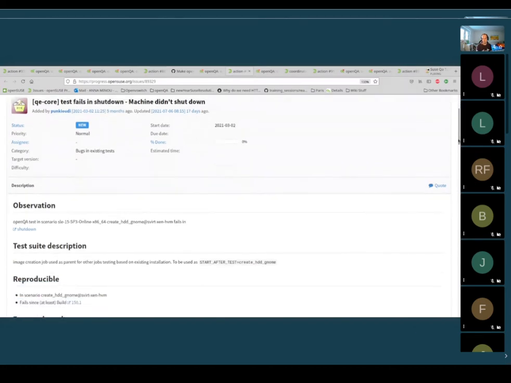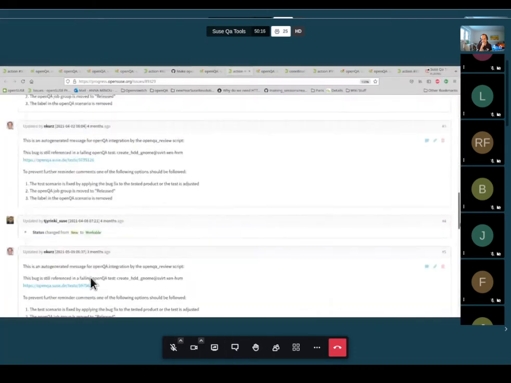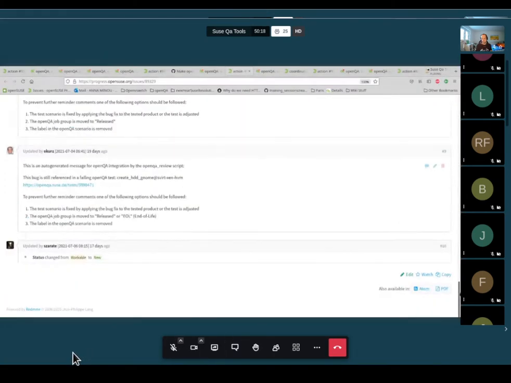I feel that probably the reviewers have to restart the test: it will work, it will not work. So I feel that it is not yet solved.